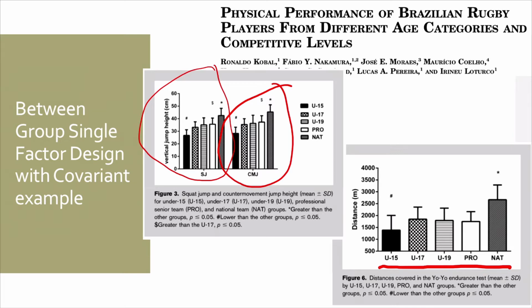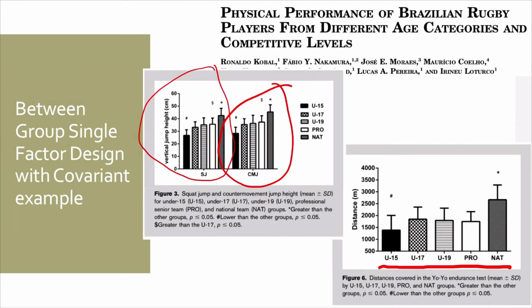Specifically, they were worried about the size of the athletes as they move through these different levels, because they did see that these national level players, which are way over on the right-hand side of these charts, when compared to the under 15 players, were just generally bigger. So they wanted to control for the person's weight. And then they ran these tests. So they ran an ANCOVA and looked for differences, even though we controlled for the changes in their size.